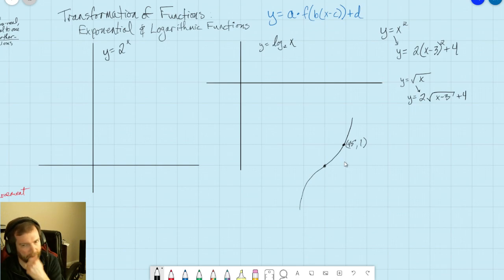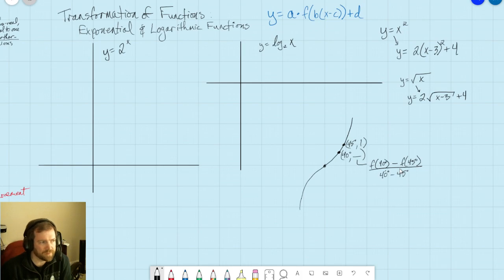If I want to calculate it at 40 degrees, so this is going to be f at 40, basically I'm just going to do a linear approximation.